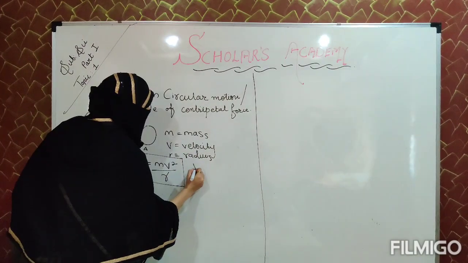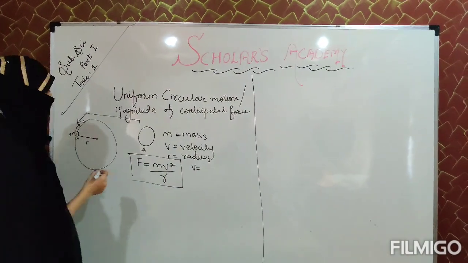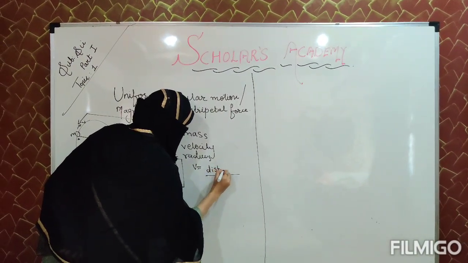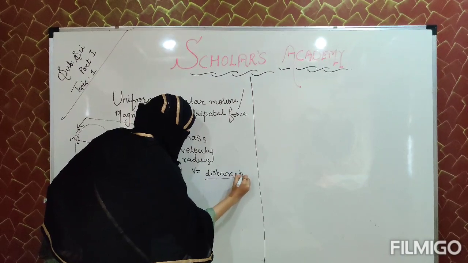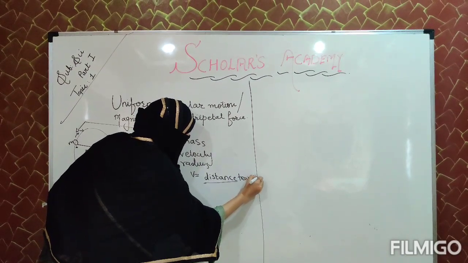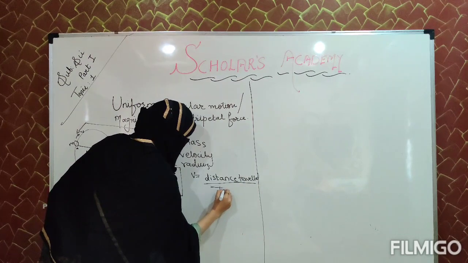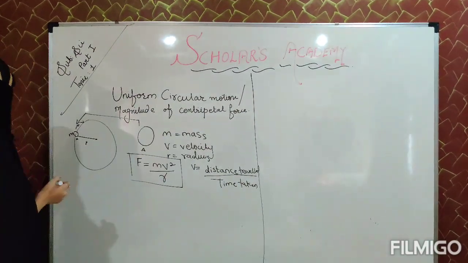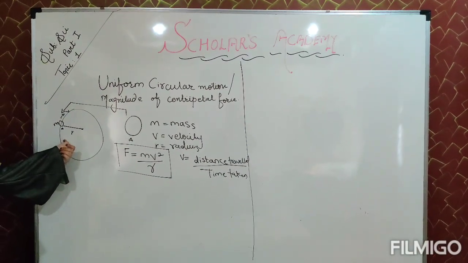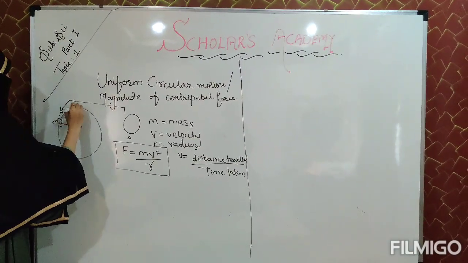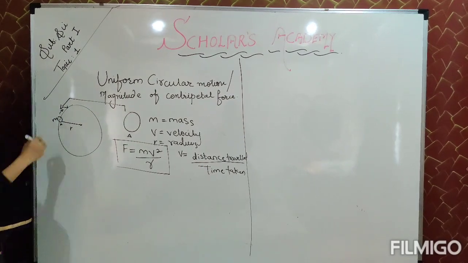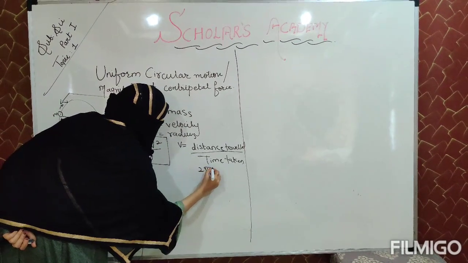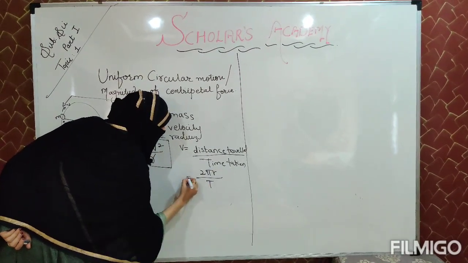Now v, we have known about it. v is nothing but velocity. It is equal to distance travelled upon time taken. Now here, can you guess what is distance travelled? If an object is moving in a uniform circular motion, it will cover a distance of the circumference of the circle, that is 2 pi r, and I am denoting the time as t.